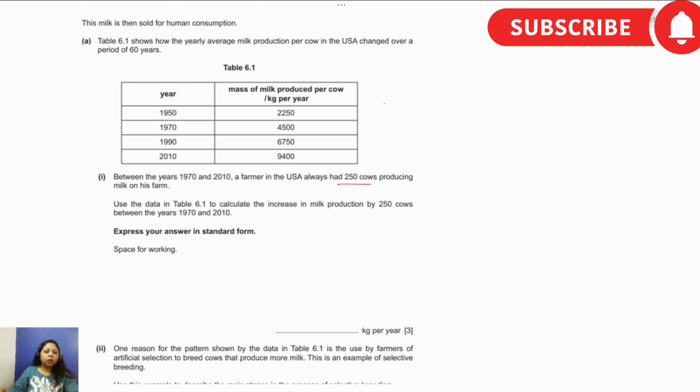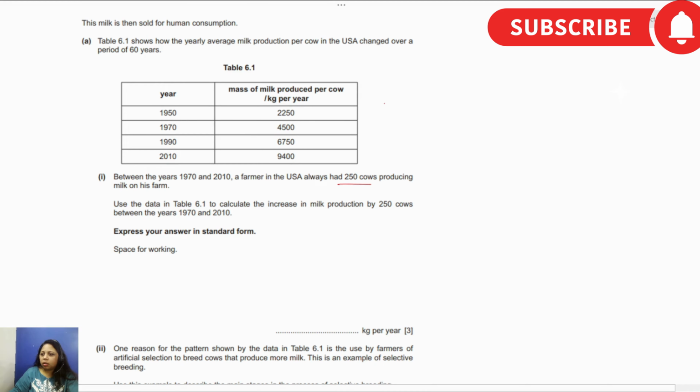And keep in mind they have given us 250 cows as well, so we have to mention that. Okay, so it's not percentage. Simple. In the first year it is 4500, and in the last one, 2010, it's 9400. It's 1970, not 1950. So 9400 minus 4500 would be 4900. Now if there are 250 cows, we need to multiply it with 250.